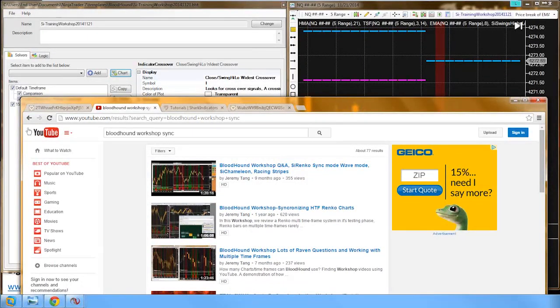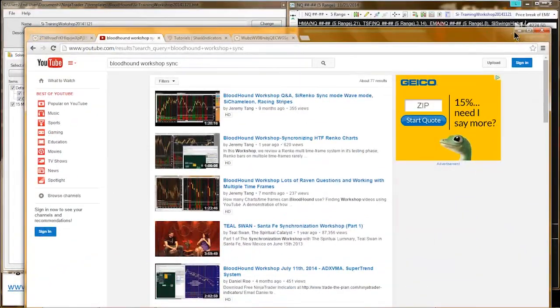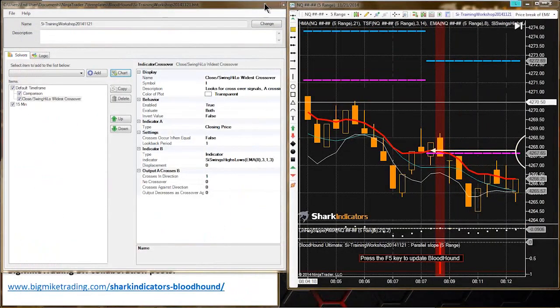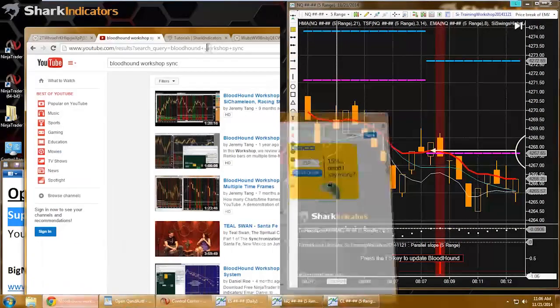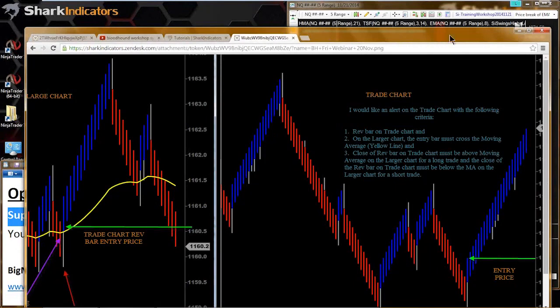Okay, so Marcy is asking, is there a way to get the crossover on the larger chart before the close of the bar on the larger chart, to give an alert on? Yes, there is. Let me bring up Marcy's screenshot here.